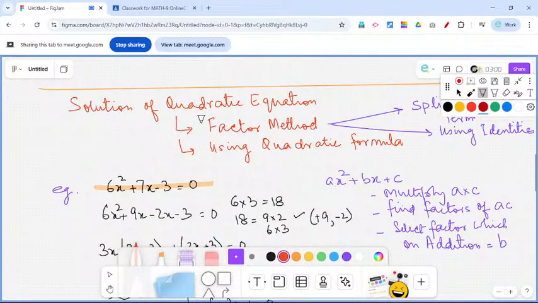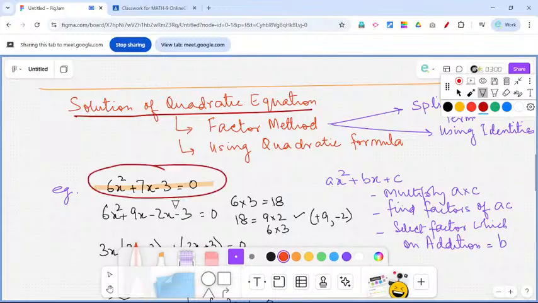Now let us see if we have to solve the quadratic equation solution. So for example, now you have to solve quadratic equation. For example, ये एक equation दिया है, ठीक है? अभी we had done two methods.